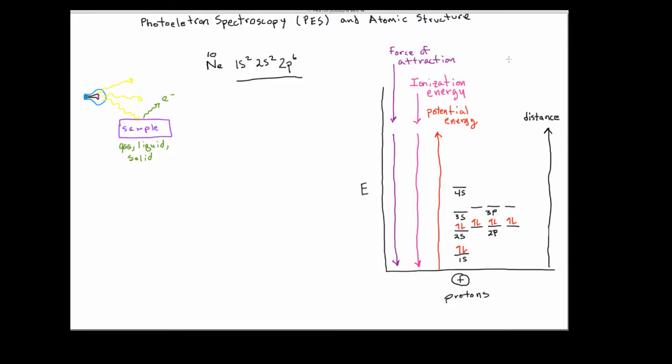First off, it's important for the viewer to understand that the energy of an electron is proportional to the product of the charges, the protonic charge that's in the nucleus and the charge that's on the electron, divided by the distance that those charges are separated by.